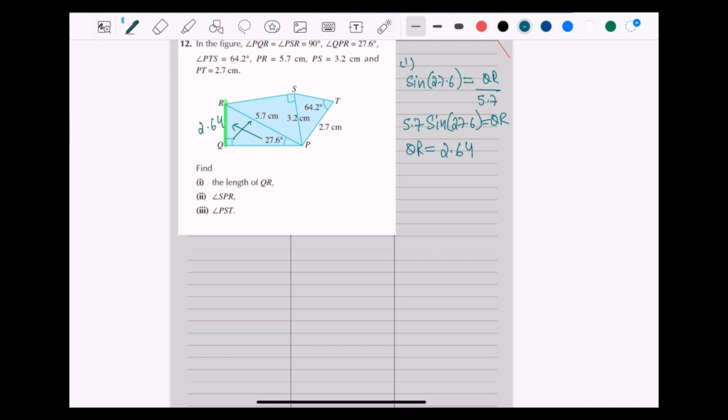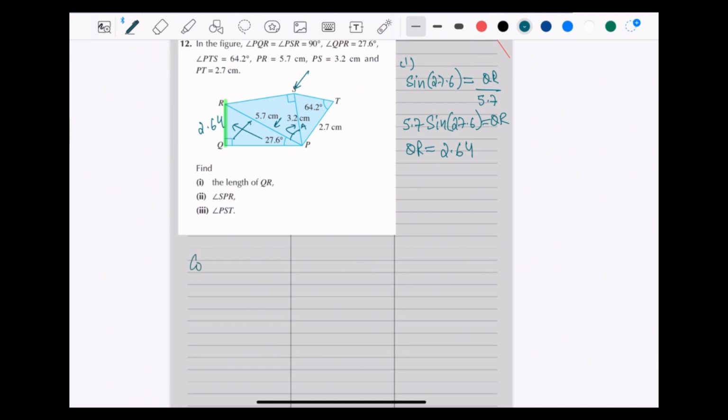To find out the angle SPR, this is the angle. Trace it. So this is SPR, and it is also a right angle triangle, as you could see, there's a square sign there. According to this angle, this is the adjacent and this is the hypotenuse.